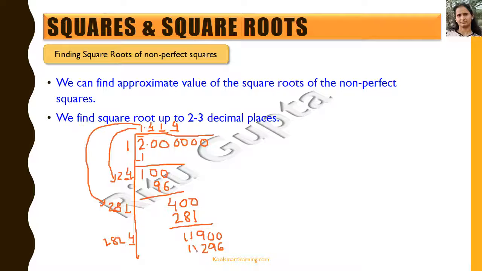Here again we get some remainder, but we may leave it at 3 decimal places. We can leave it at 2 or 3 decimal places depending upon what is required. So this is how we find the square root of a non-perfect square, by adding zeros after the decimal and continuing with the same division method.